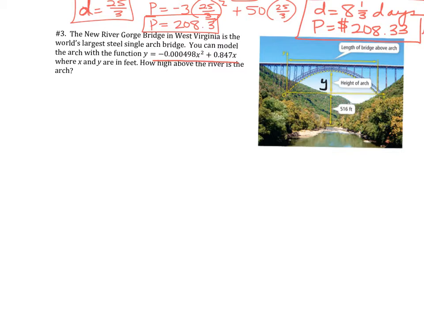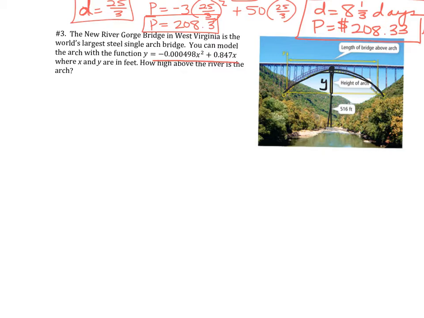So what we're gonna do, again, is find a vertex because if you think about this point right here, that peak, that's a maximum. We're looking for the maximum of that arch. This is a parabola. Do you see the parabola? Okay, so we're looking for the maximum, but then whatever we get for this y, we have to add that 516 feet to it, okay?